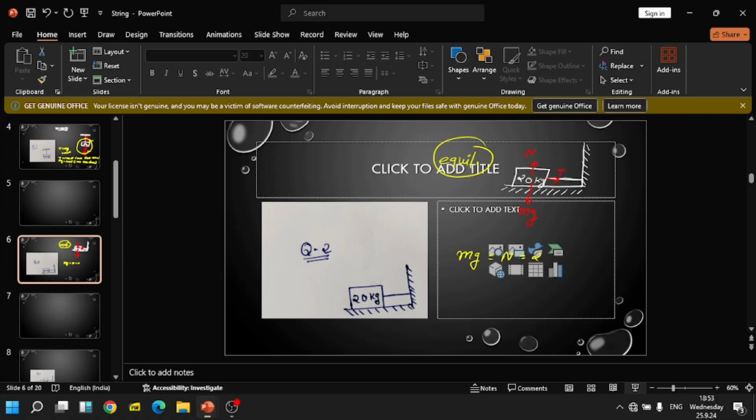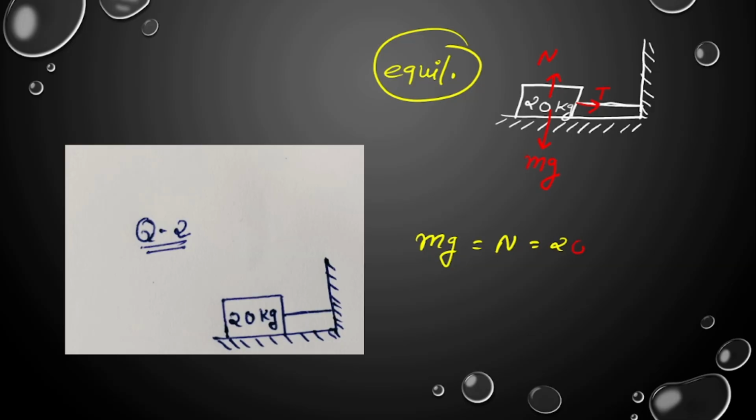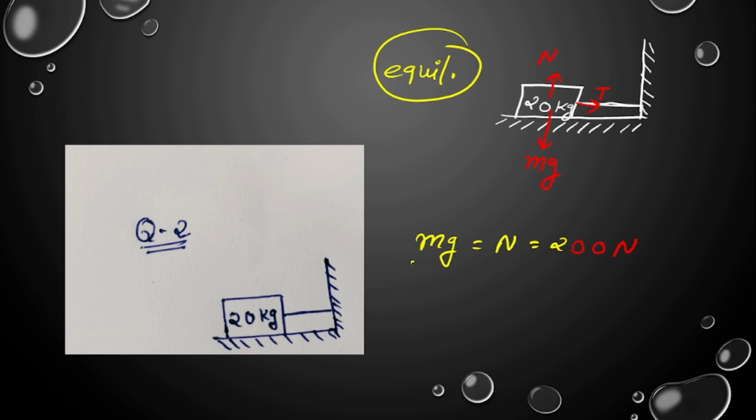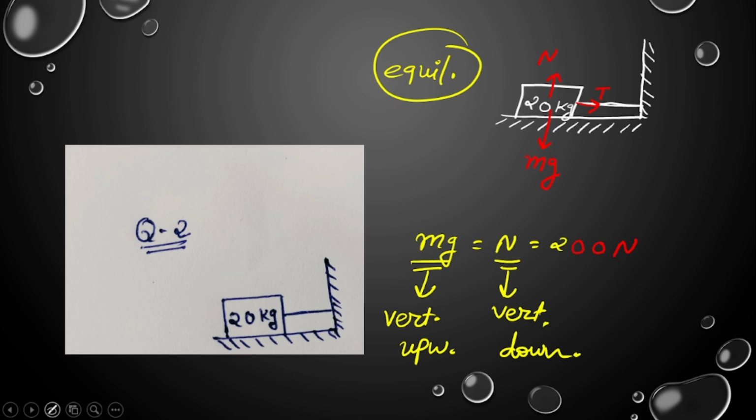The direction of mg is vertically downward, the direction of normal is vertically upward, and again tension is also there.